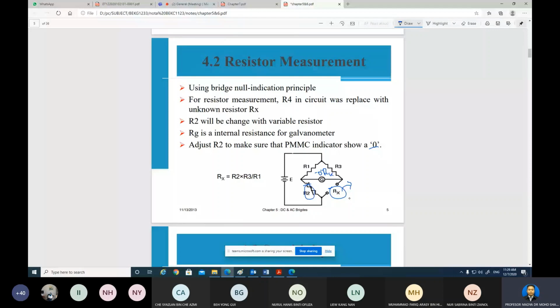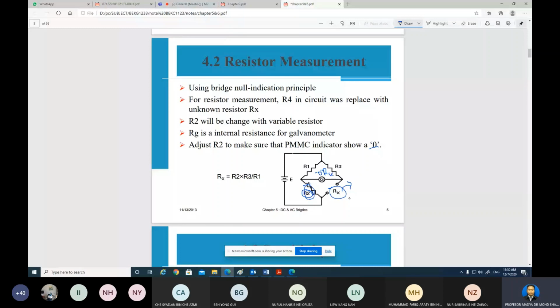To measure Rx, we adjust R2 until the galvanometer indicates zero. Then we can measure Rx. This is the formula to measure Rx.